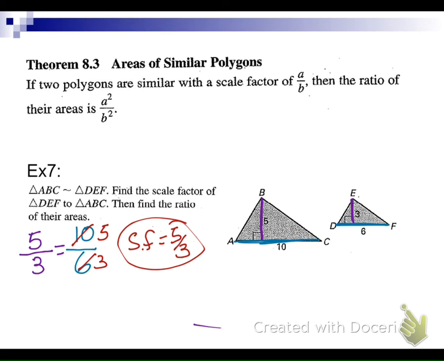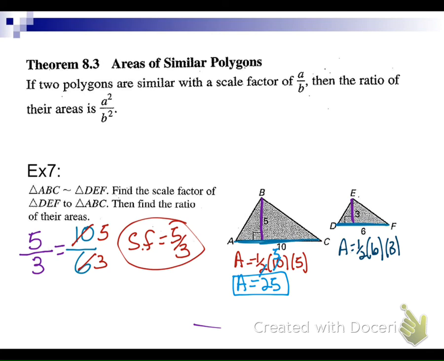So we want to see if this is going to work out according to this theorem. So we're going to find the area of the first one. Area of this triangle is going to be 1/2 base times height. Well, we see that half of 10 is 5. So area equals 5 times 5, which is 25. Okay, our second one over here, area equals 1/2 base 6 times height of 3.